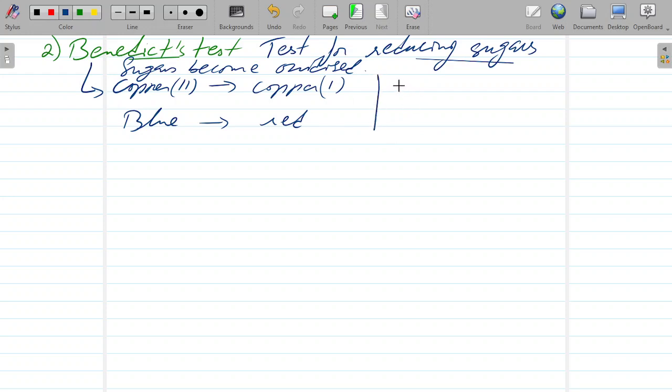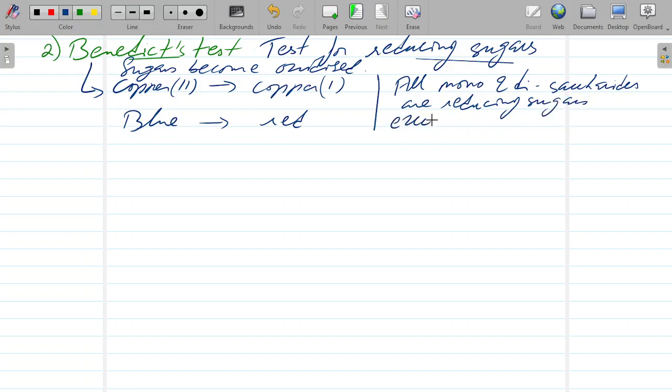The thing is that for the purpose of our syllabus, all mono and disaccharides are reducing sugars, except for sucrose.